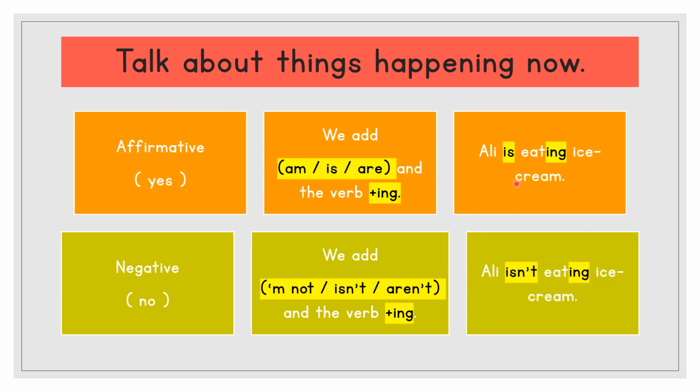Lebih kurang je, tapi dekat verb ni je tukar. Ali isn't eating ice cream. So kalau dekat atas is, bila dia jadi negatif, dia jadi isn't. Kalau tadi dia am, dia jadi am not. Kalau are, dia jadi aren't. Alright? Boleh? Boleh. Kalau rasa tak boleh, pause dulu video ni. Tengok contoh ni elok-elok. Okay? If you are okay with this, let's continue.